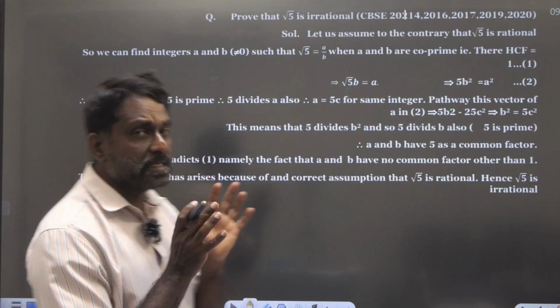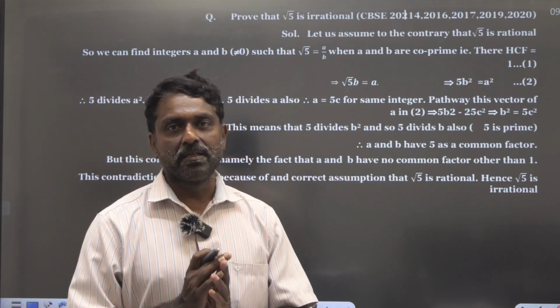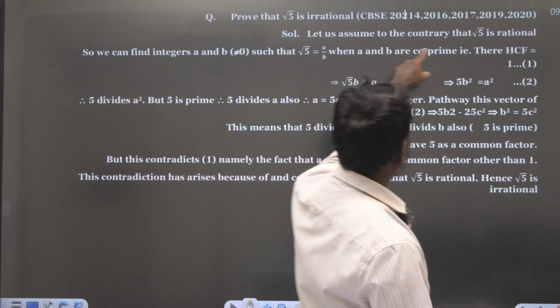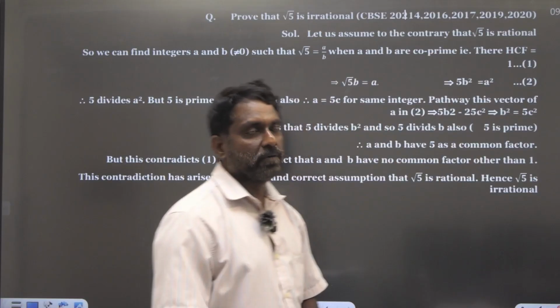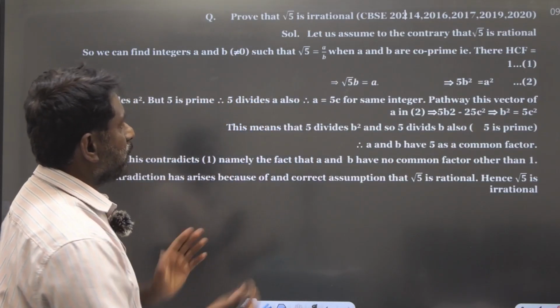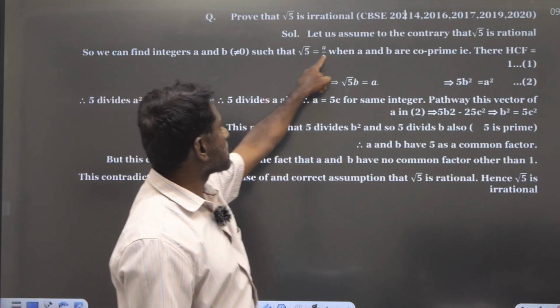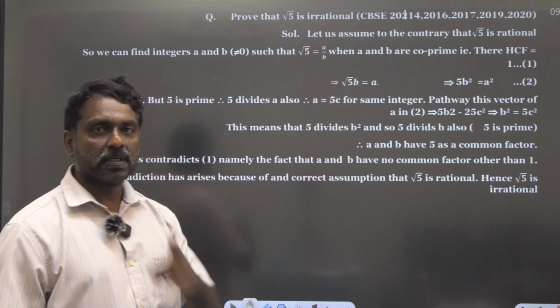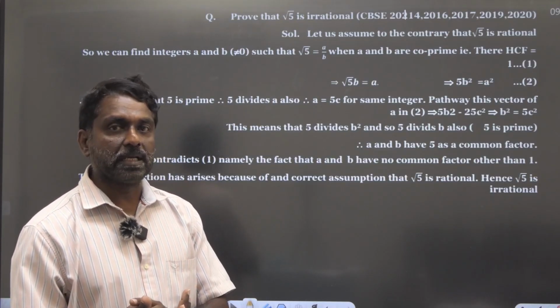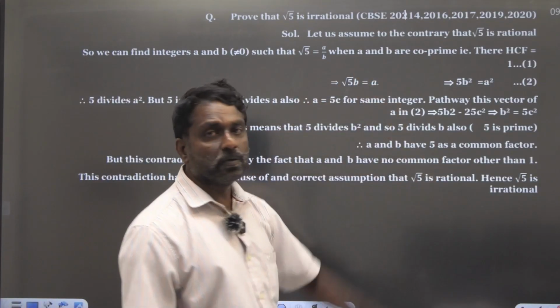Then we will reach a contradiction. Let us assume to the contrary that root 5 is rational. Then it can be expressed in the form a by b, which is the definition of a rational number, where b is not equal to 0.